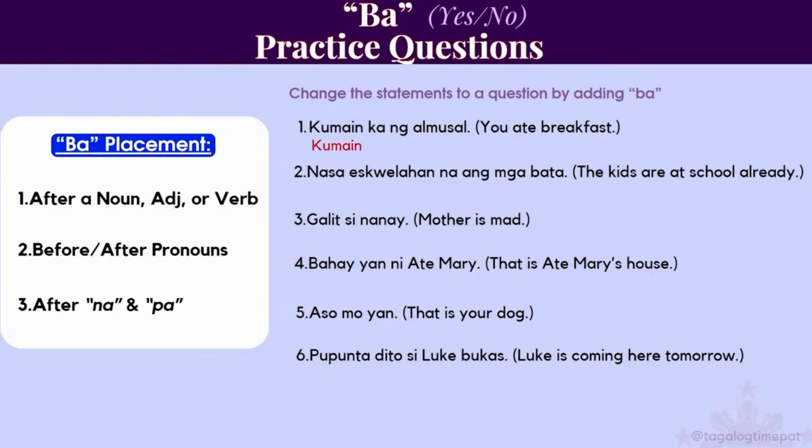Let's see. Kumain ka ba ng almusal. So it actually goes after ka because it is one of the pronouns that go before ba. Tricky, right? It's just one of those things that we'll have to memorize. Did you eat breakfast? Pause the video now and then we will do the rest in just a minute.